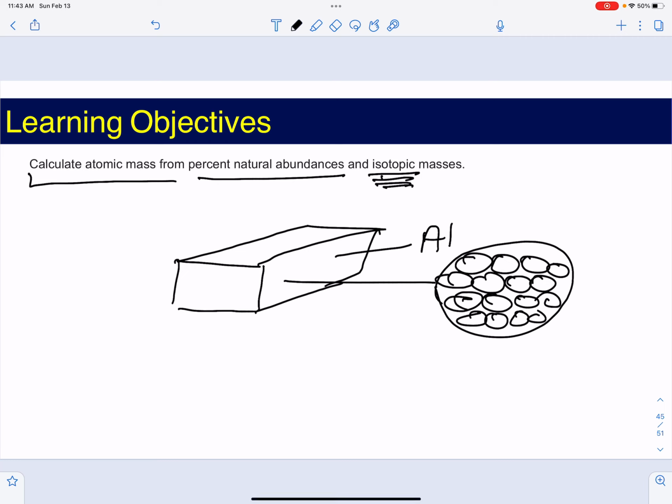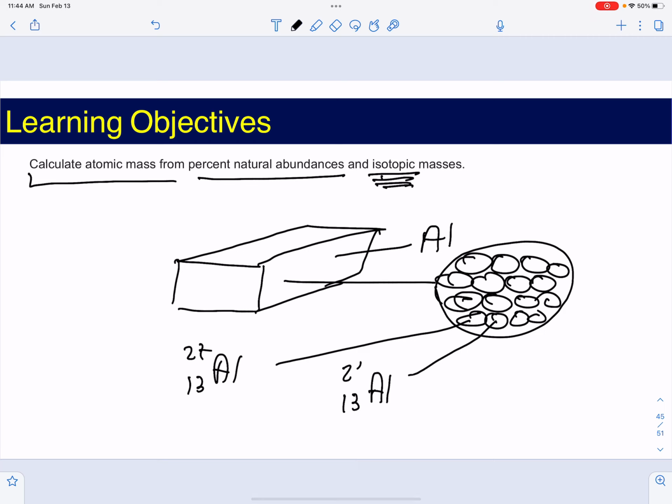And if we take a look at this atom, this could be aluminum 27, while this could be aluminum 26, right?